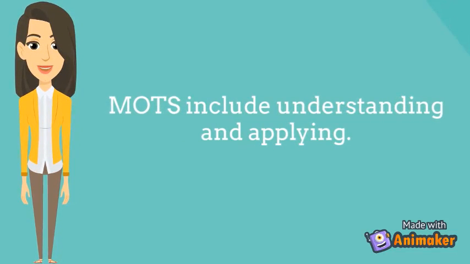In middle order thinking skills, the process includes the process of understanding and the process of applying, while actually in the original version of Bloom's taxonomy, middle order thinking skills weren't there. So Bloom only divided the taxonomy into two levels, lower order thinking skills and higher order thinking skills, and understanding and applying were included in the lower order thinking skills.